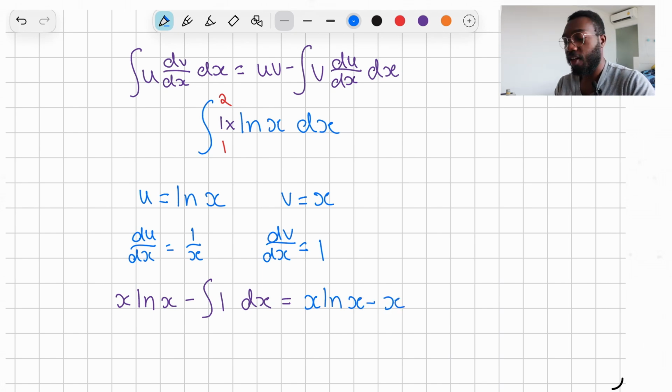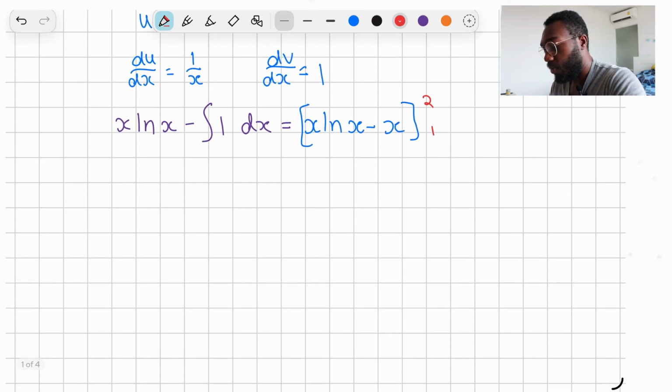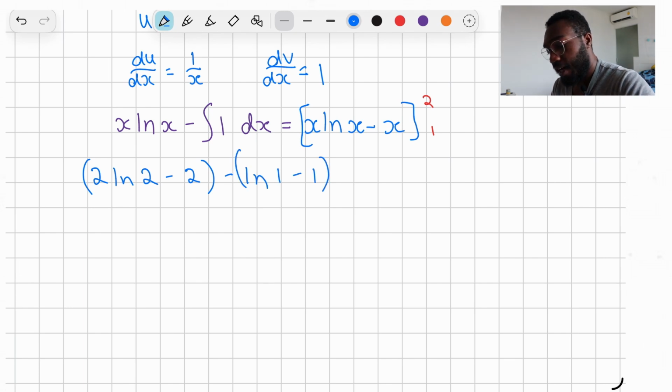But in this case, we have limits, which means we have the limits of 2 and 1. So if we put our limits in, what do we get? Well, we would get 2 ln 2 minus 2, and then minus 1 times ln 1, minus 1. Now, ln 1 is just 0, and therefore we would have a minus times a minus 1.